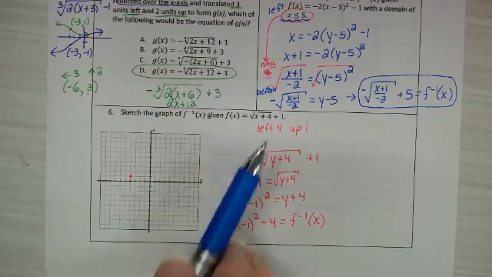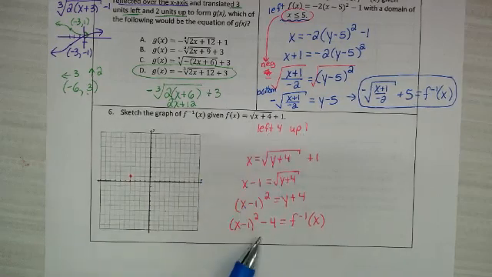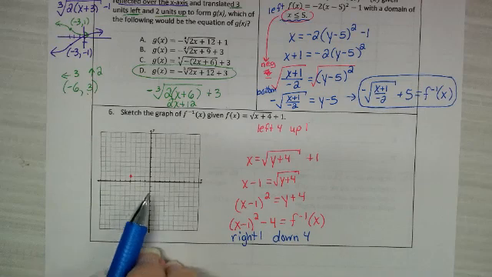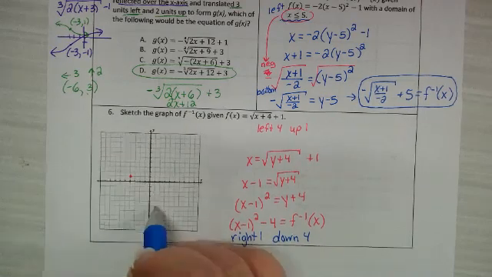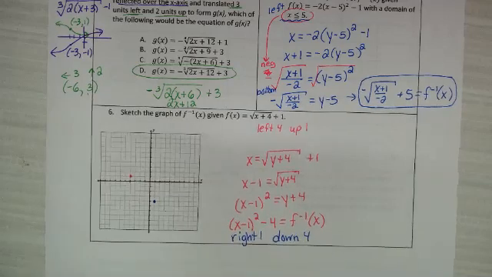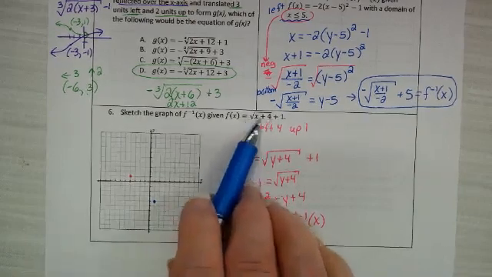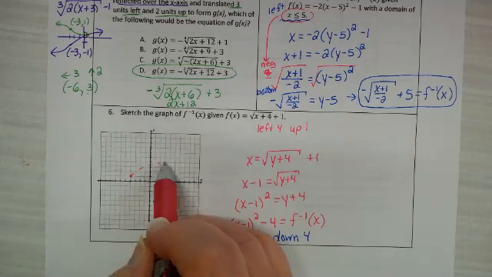So in my original, it started at left 4, up 1. Look what's happening here. This one went right 1 and down 4. So if I go right 1 and down 4, here I am. Now this is a quadratic function, but up here, because it's a square root function, it's only this portion.